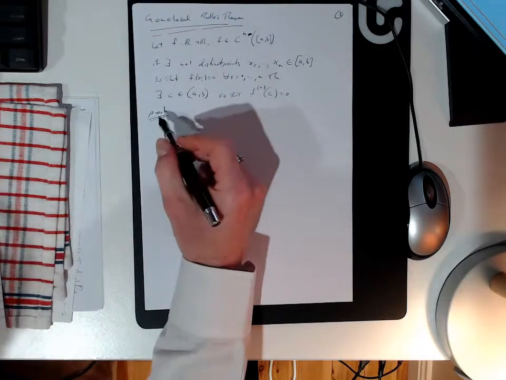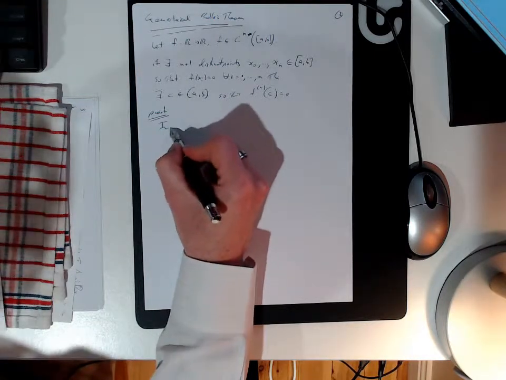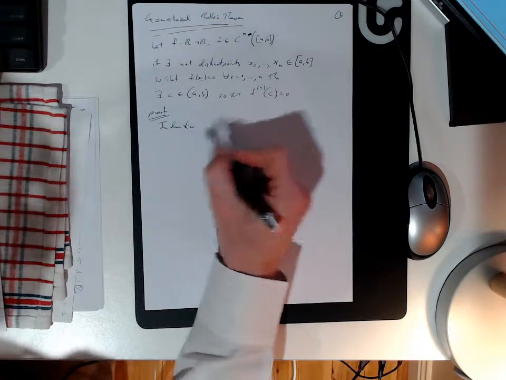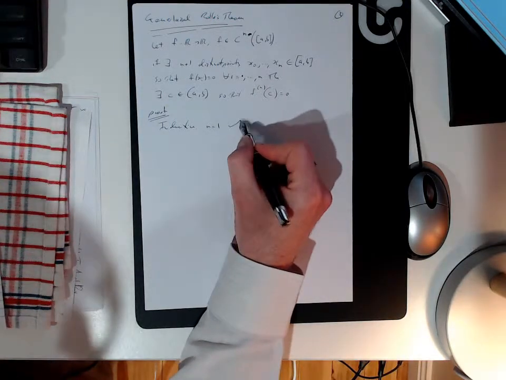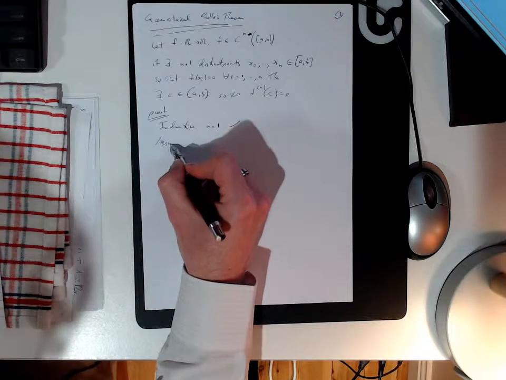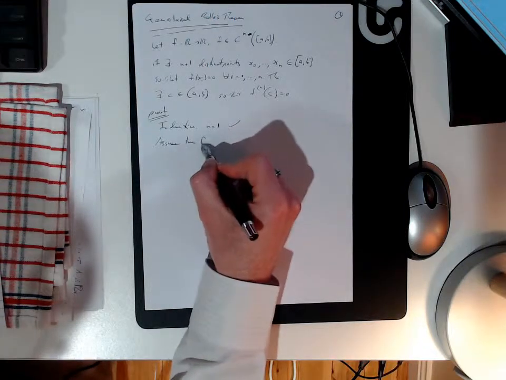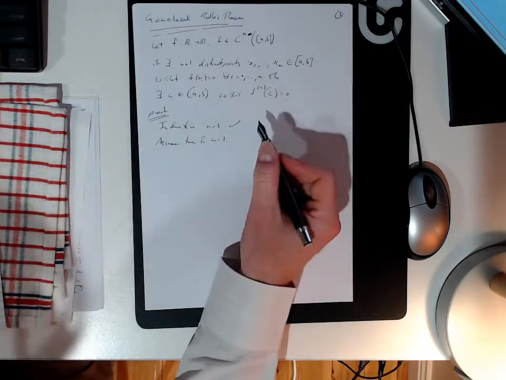The proof is reasonably easy. We do it by inductive reasoning. n equals 1 is Rolles' theorem, so that's already been done. And assume true for n minus 1.